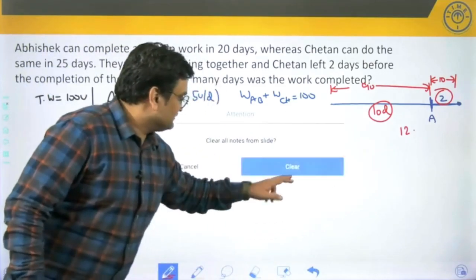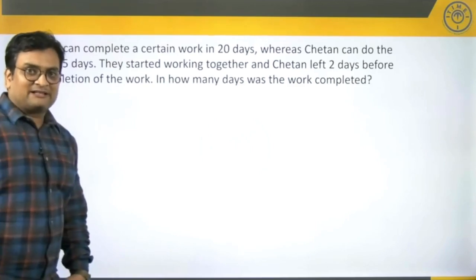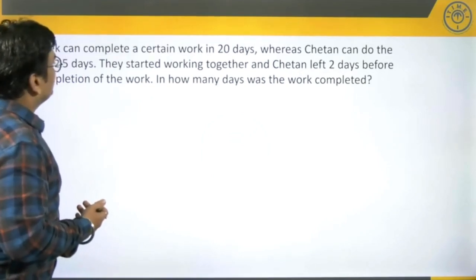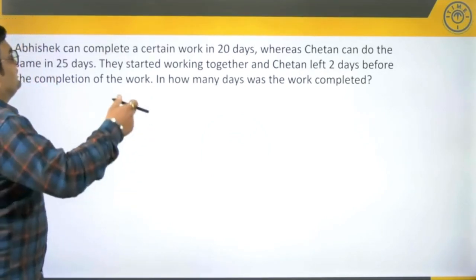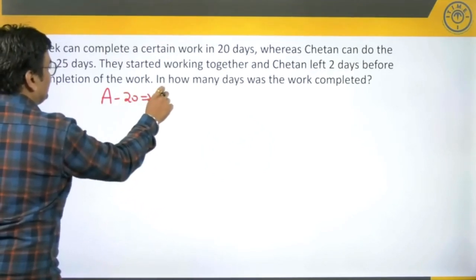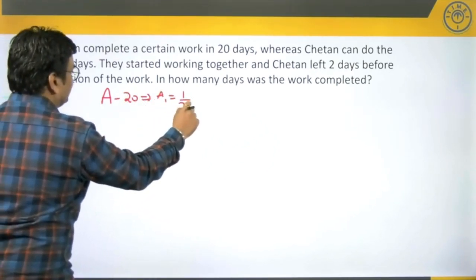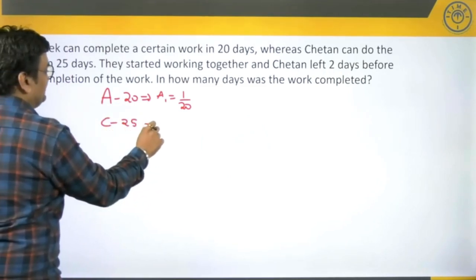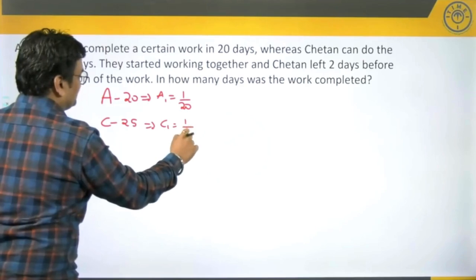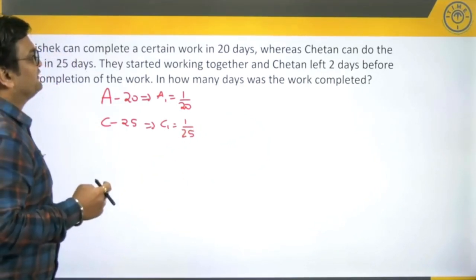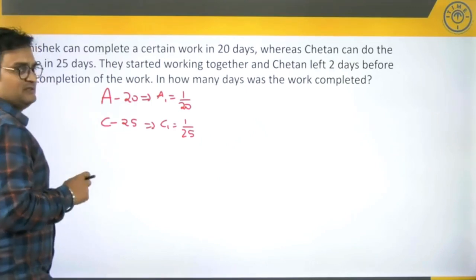Let us also look at the unitary approach, and then you decide for yourself which approach you think is better. Abhishek is 20 days. So Abhishek in 1 day will finish 1 upon 20th. Chetan is 25. So Chetan in 1 day will do 1 upon 25. They started working together and Chetan left 2 days before completing the work.